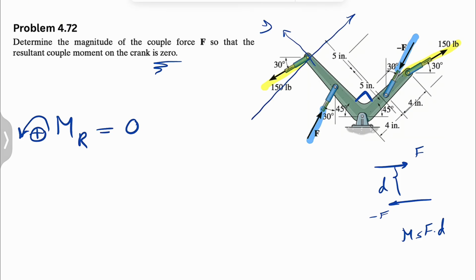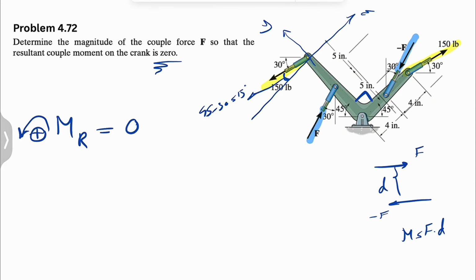We can call this one y and this one x, and we can resolve each of these forces into these two components. And because we know this angle right here is 45 degrees, as the crank makes 45 degrees with horizontal, so from that we can figure out that this tiny angle here would be basically 45 minus 30 degrees, which is going to be 15 degrees.